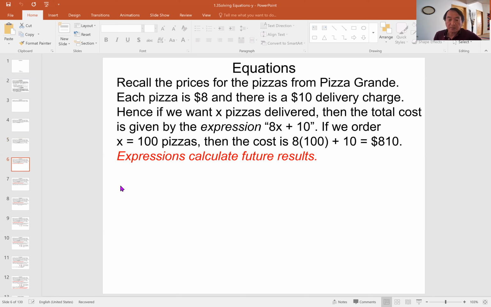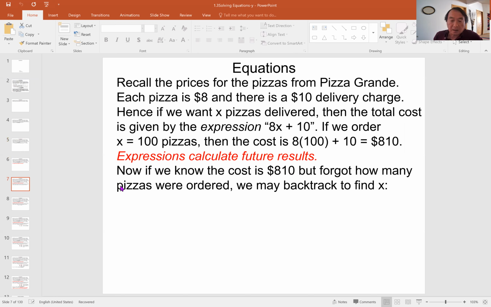Now let's do this backward. Suppose that the pizza delivery person comes and gives us a bunch of pizza, says cost $810. And the question is how many pizzas are supposed to be there? In other words, we want to backtrack to find out the 100 in case we forgot it.